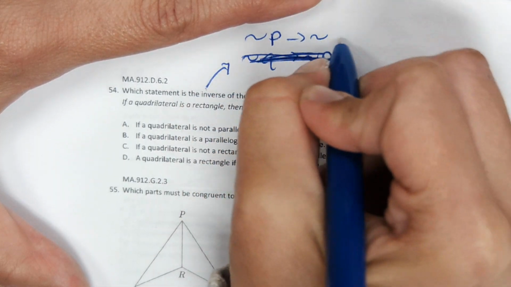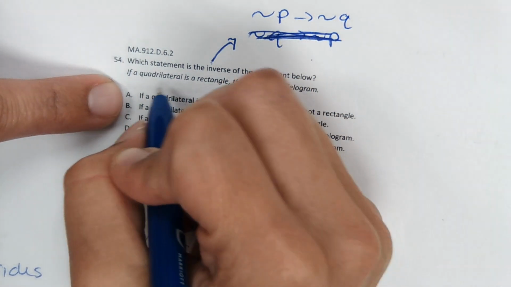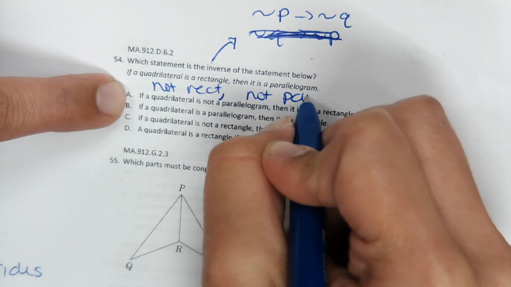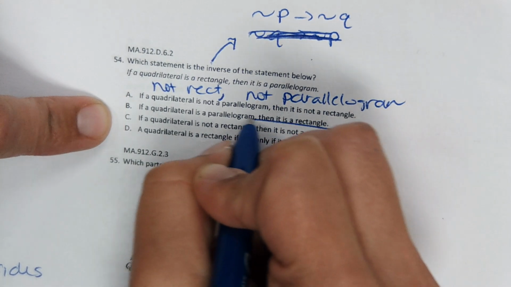Okay, not P to not Q. So not rectangle, not parallelogram is what I'm looking for. C.